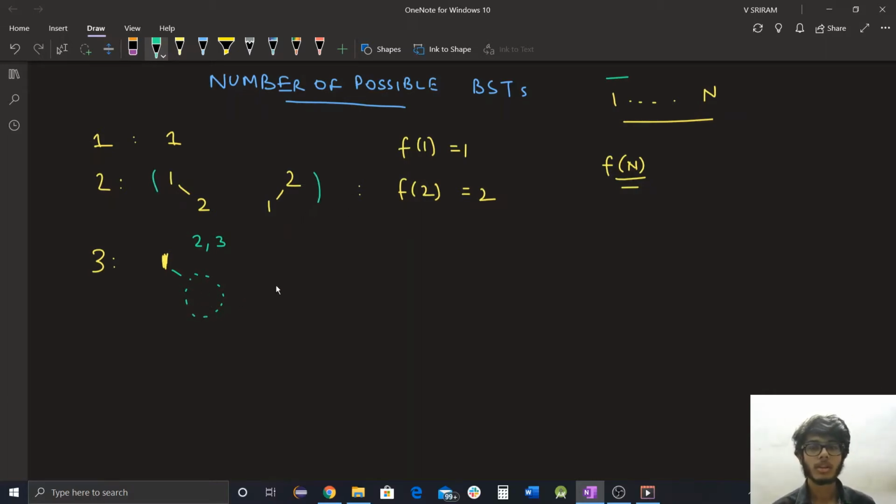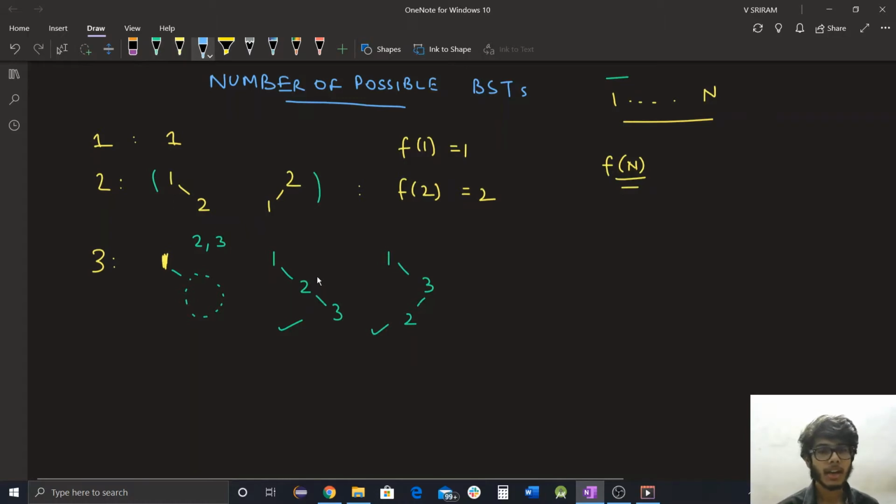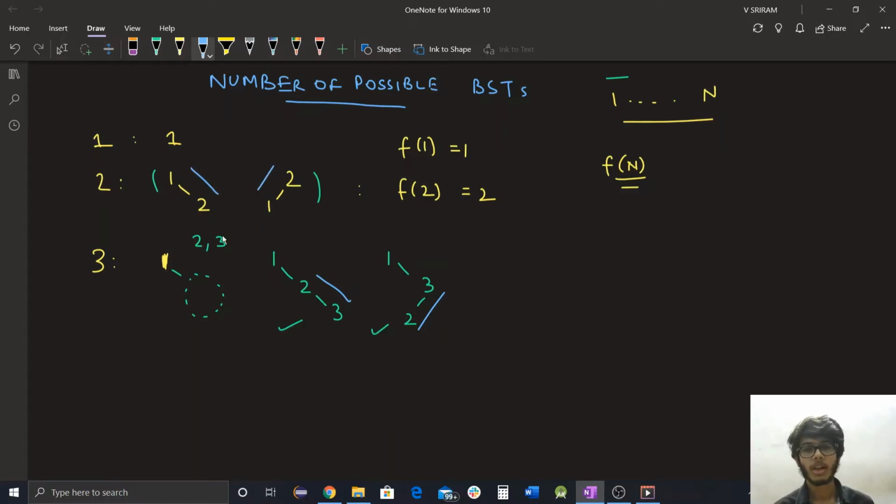So now let us look at the situation as well. The first binary search tree would be 1, 2 and then 3, and the second binary search tree would be 1, 3 and then 2. Both of them are valid binary search trees, and it is clearly evident that these subtrees are structurally similar to these trees. This is because we are basically generating a tree of size 2, and that is exactly what we were doing here as well.